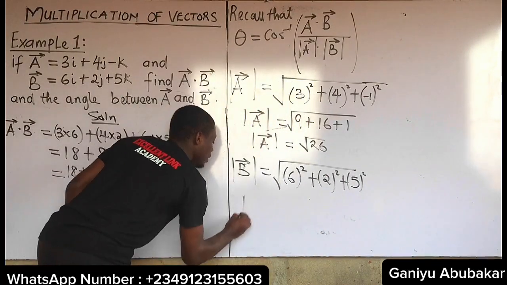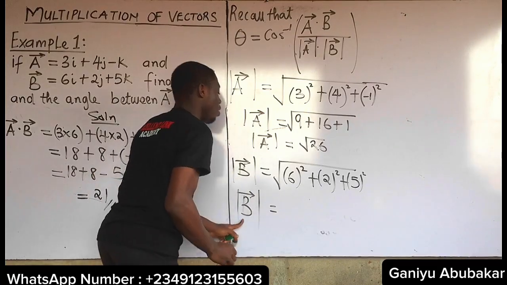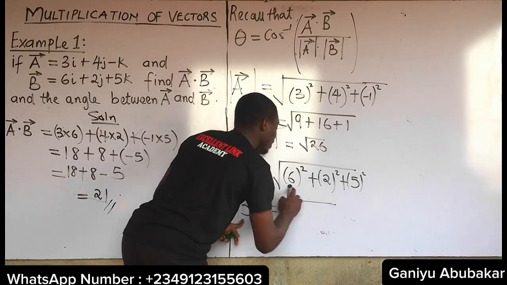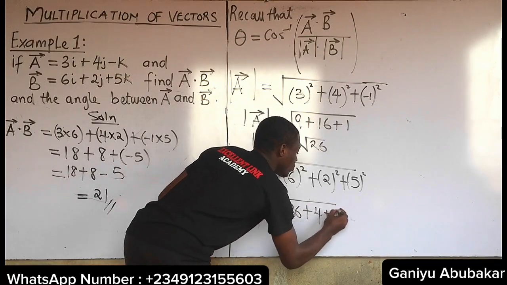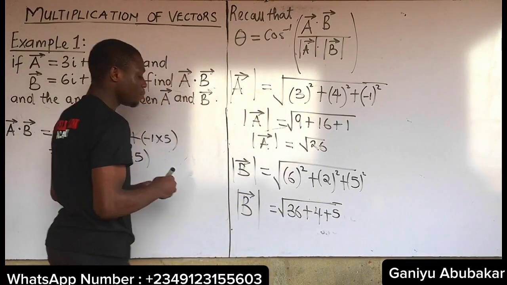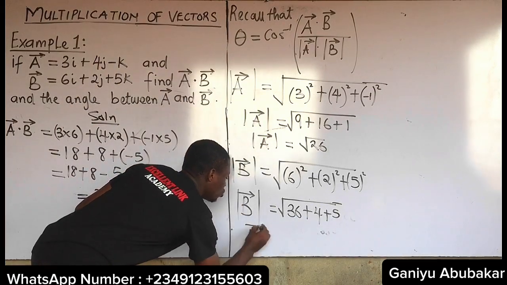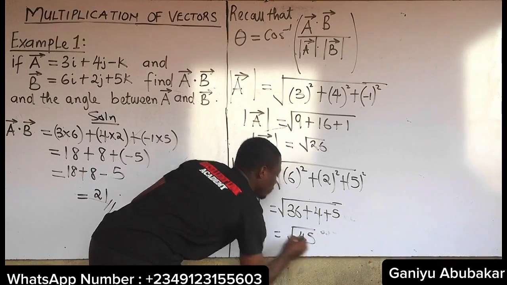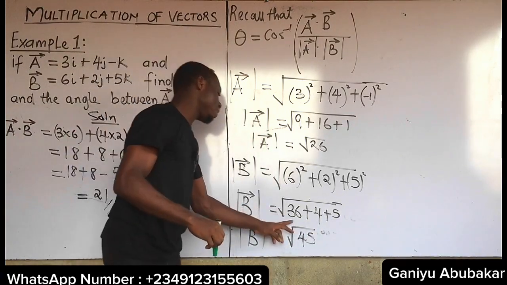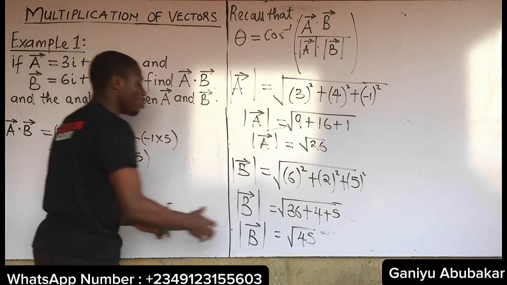So the modulus of B is the square root of 36 plus 4 plus 5. 36 plus 4 will give 40, plus 5, I have 45. So the magnitude is √45.